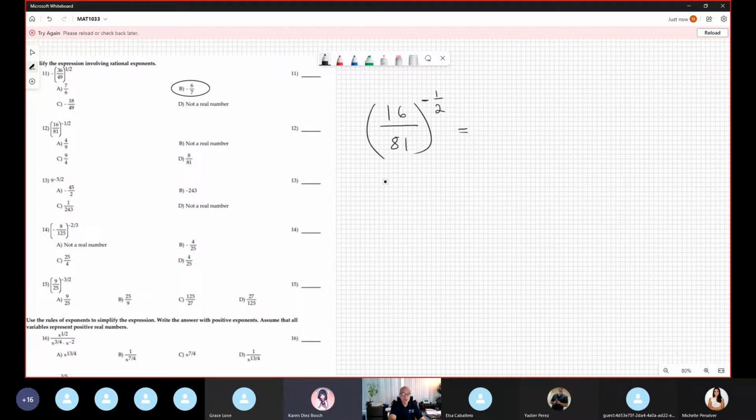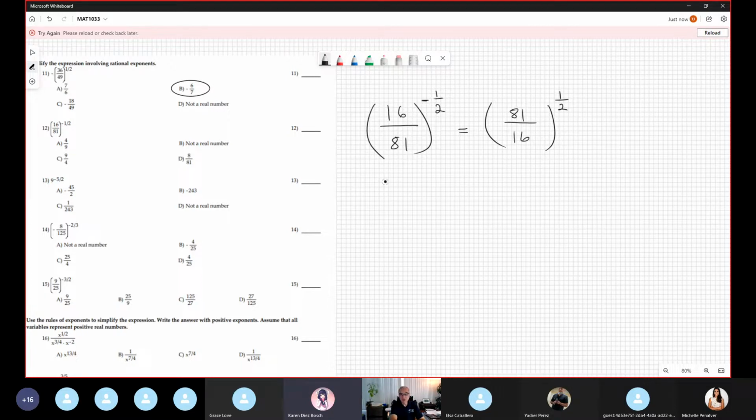What should I do? Well, there are many ways. However, my recommendation is solving the negative exponent first. You change the negative exponent to a positive exponent when you flip the fraction: 81 over 16. Boom. Done.